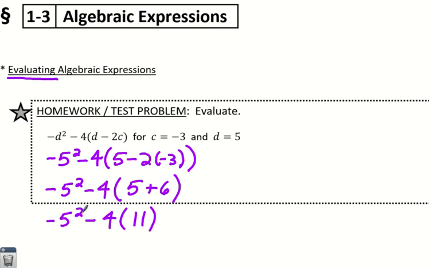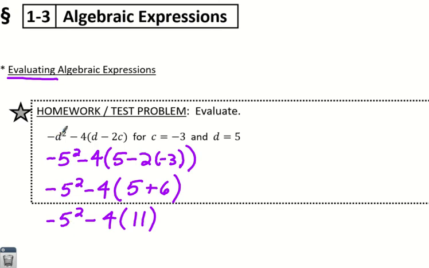Negative 5 squared. What is being squared? Are we squaring the entire negative 5, or are we just squaring 5? What are we doing? I mean, it's not like there's parentheses around the entire negative 5 and then we're squaring negative 5.